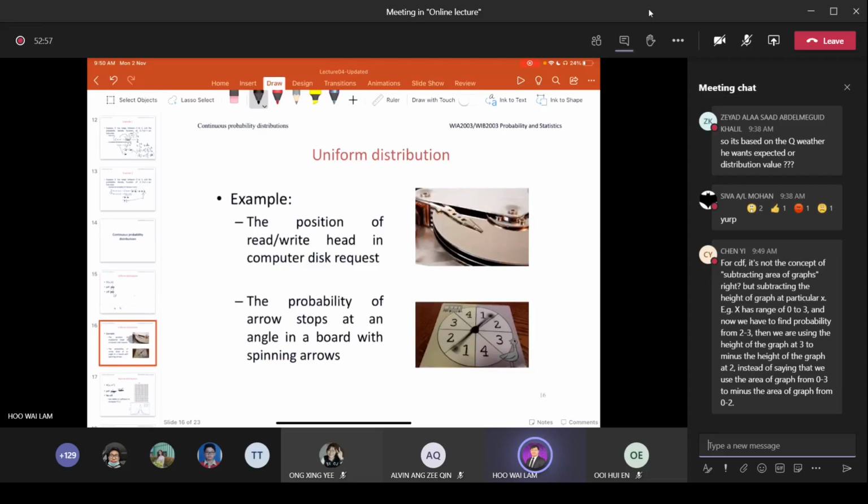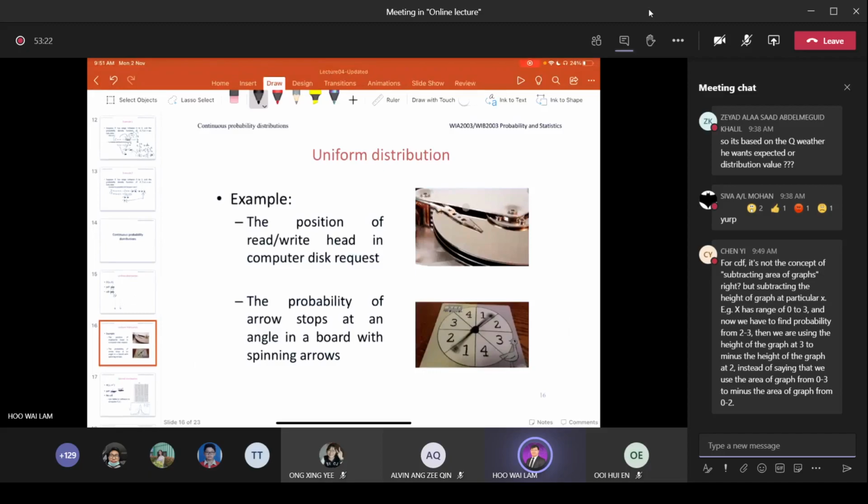Why we need uniform distribution is because it is useful for you to model certain kinds of fixed events, I mean events that will happen not frequently, but in a uniform or fixed way. For example, the position of the read-write head in a computer disk request.